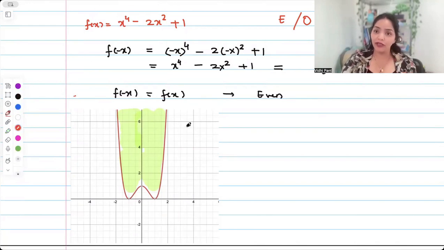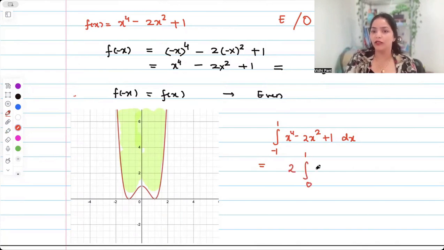Now to the same question, in case the question would have been, okay, find the area from minus 1 to 1 of x to the power 4 minus 2x to the power 2 plus 1 dx, then your answer would have been that this is equal to twice the integral from 0 to 1 of x to the power 4 minus 2x squared plus 1 dx.